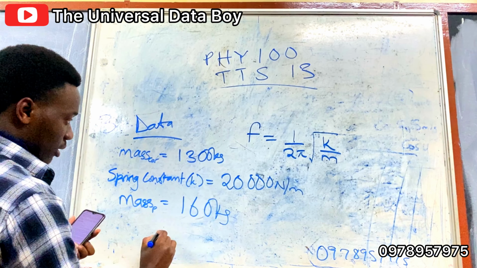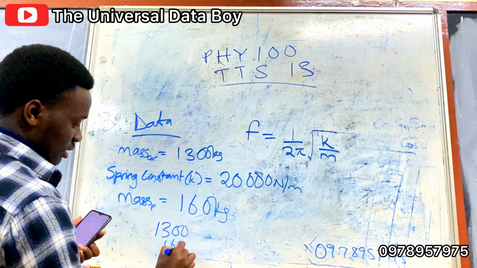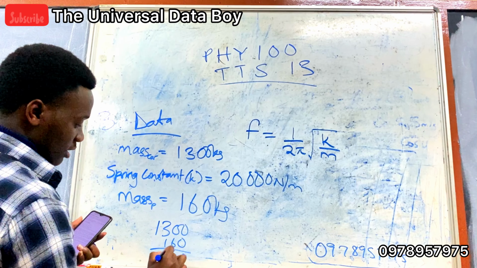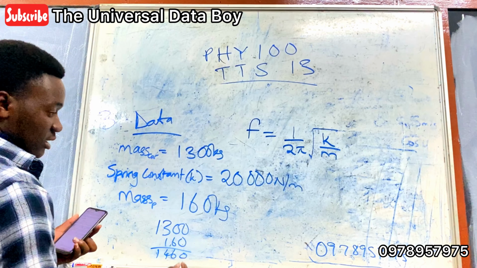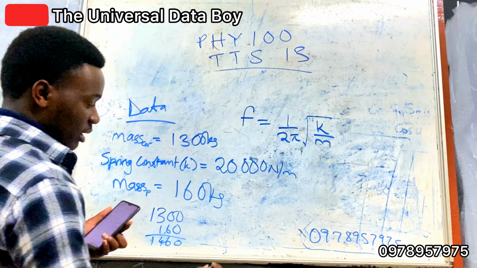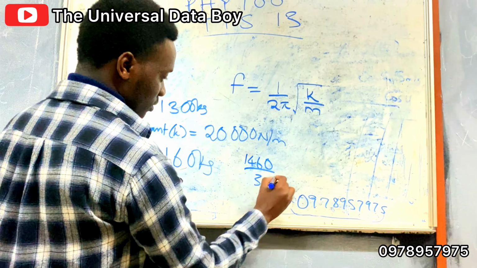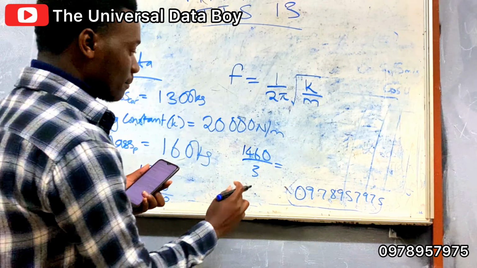When you combine it, that's 1,300 plus 160, which is going to give us 1,460. So this is the total mass. So I'm going to divide this by 4 for the 4 springs.